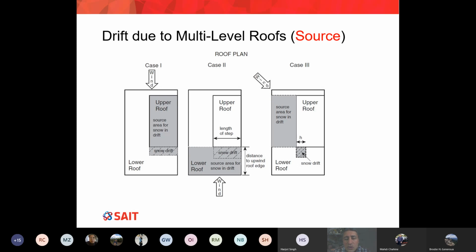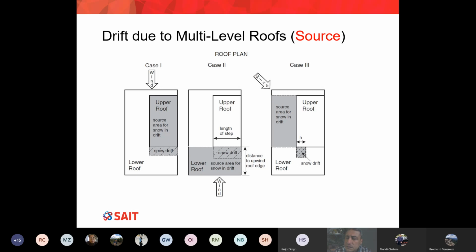Now, when we go to case number 2 in the middle, we're talking about the snow drift in the same place. However, in case number 2, the shaded area on the lower roof is the source of accumulation. And please look at the wind direction. In every one of those cases, there is a wind direction.